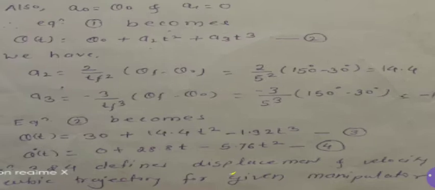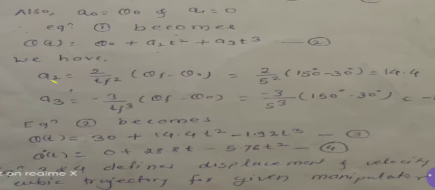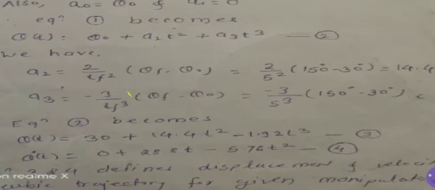Now let us take the derivative with respect to time t of equation number 3, and that becomes 28.80 t minus 5.76 t square. So equations 3 and 4 define the displacement and velocity of the cubic trajectory for the given SCARA manipulator.